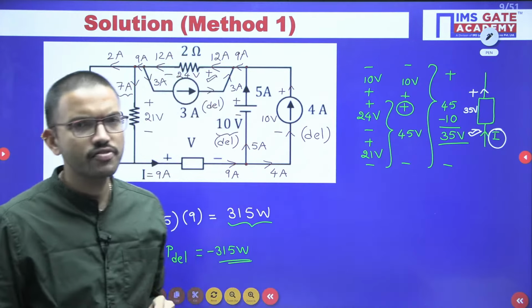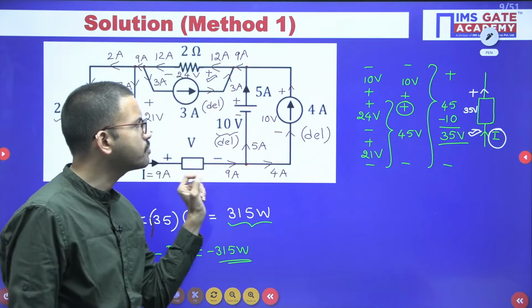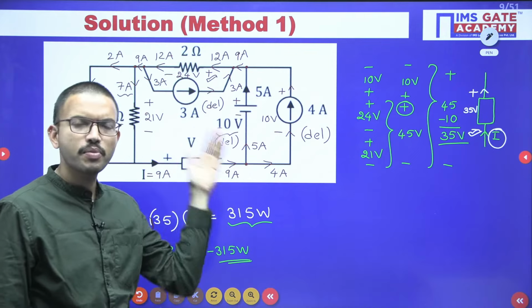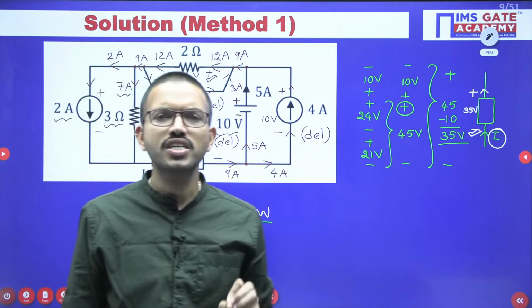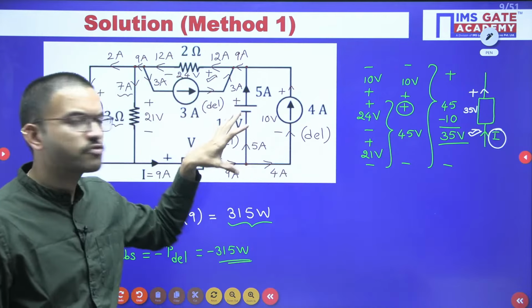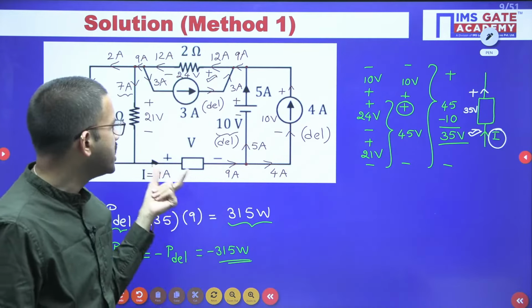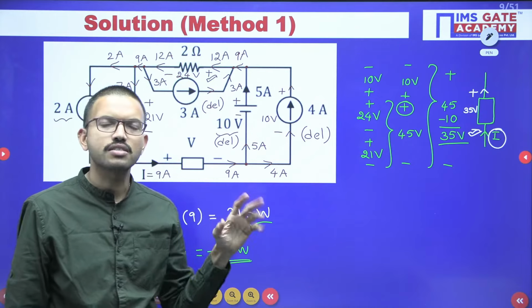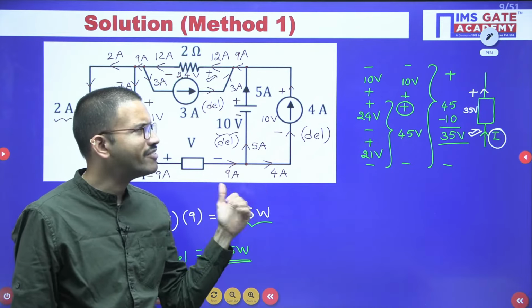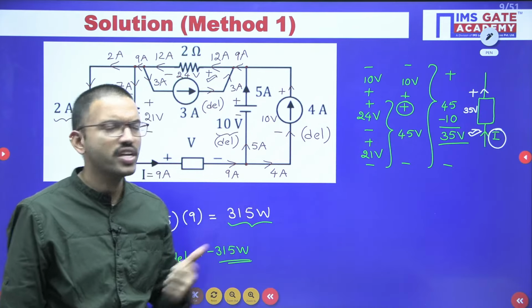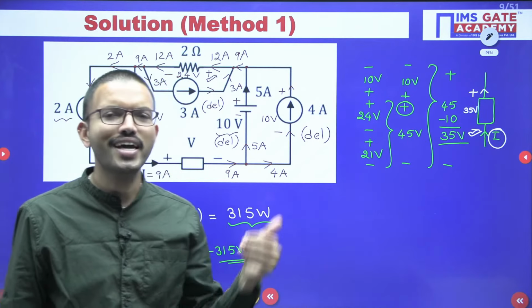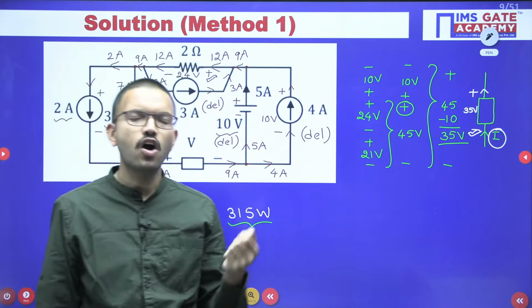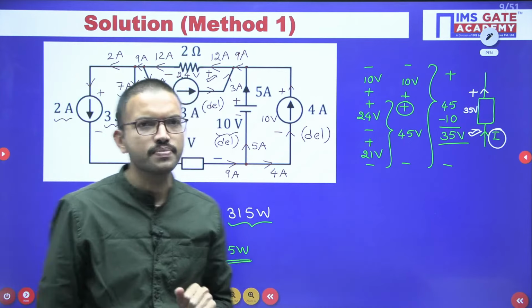That is one of the conclusion points and an interesting point in this question. Whenever they ask which of the given elements are delivering, just by observing the voltage polarities you can say whether it is delivering or absorbing. Whenever current leaves from the positive terminal, it always delivers. Whenever current enters at the positive terminal, it always absorbs. That's all.